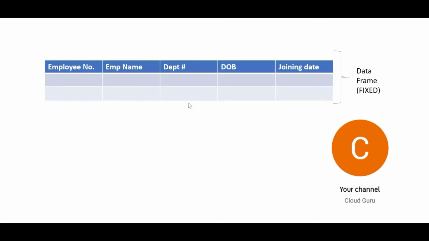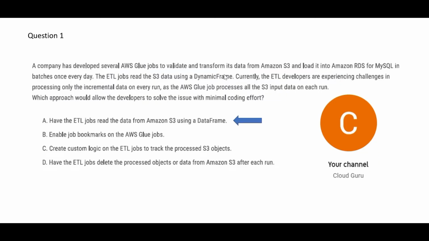So this is a data frame. Consider it as a table structure. In Spark, we call it a data frame, but consider it as a table structure. If you are using a data frame, this table structure is fixed. But if you want this table structure to be dynamic, you have to use dynamic frames, which our question is already saying here.